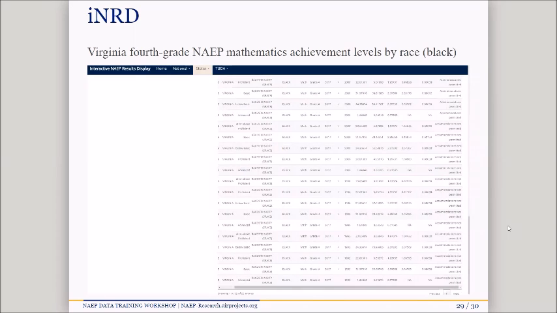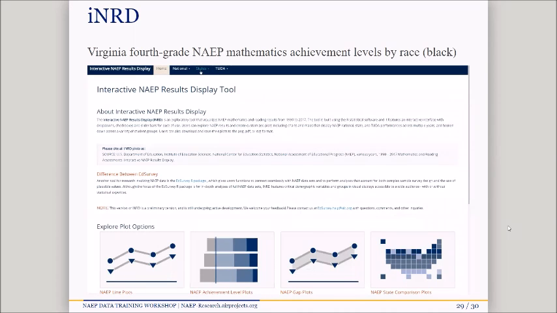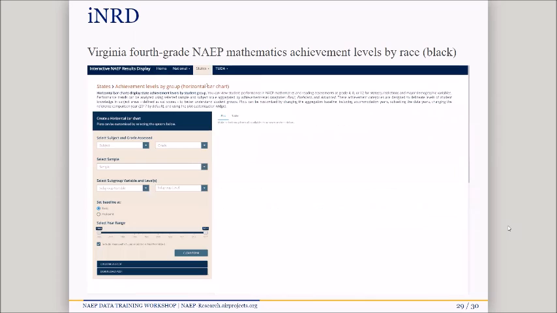This example is Virginia 4th grade mathematics by achievement level. I can pause here as it walks through and makes those selections.